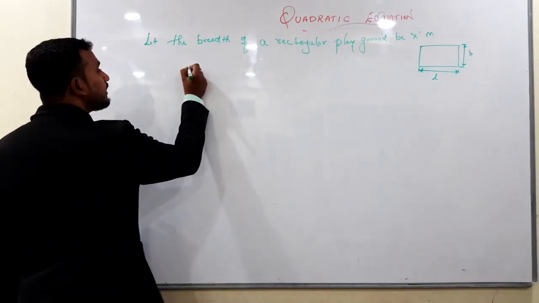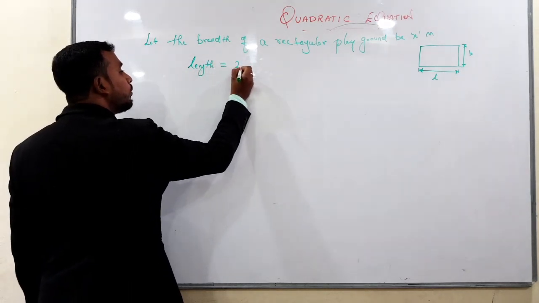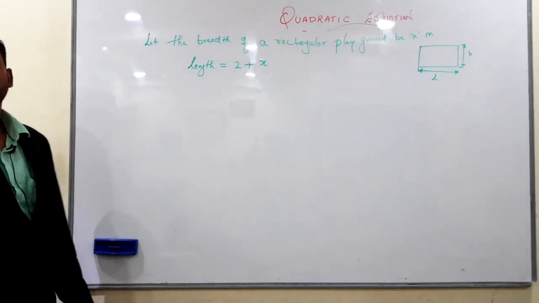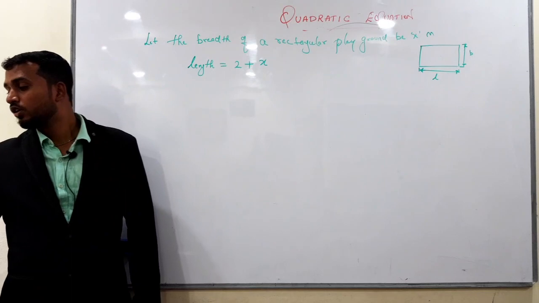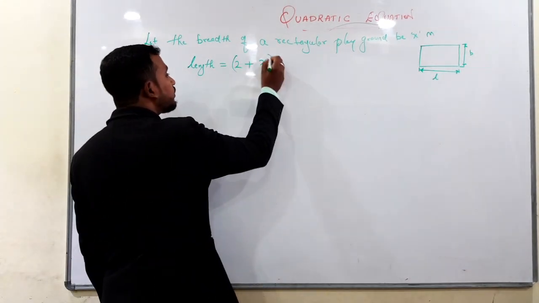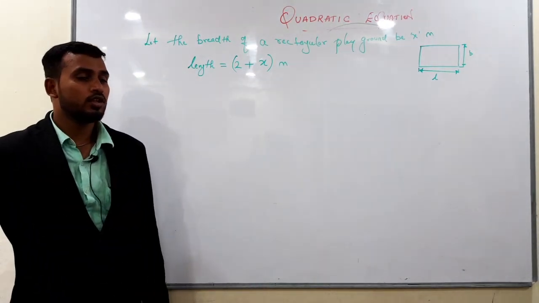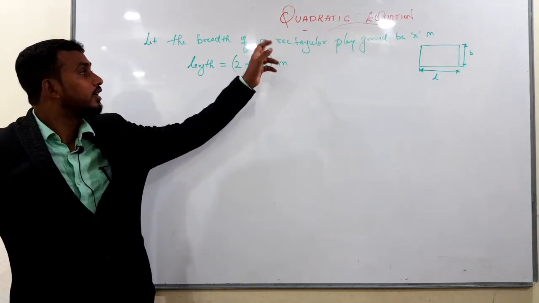Then how much will be its length? The length will be 2 meters more than its breadth, that is 2 plus x. So it will be 2 plus x or x plus 2 meters. Understood? Concept clear? Breadth is x meters.